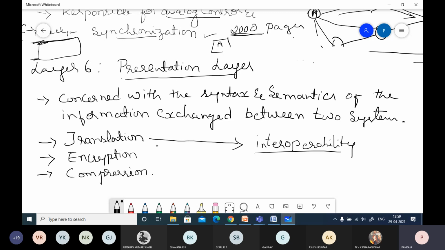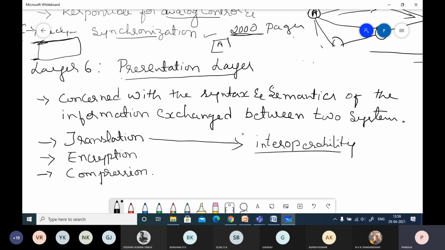It is responsible for translation of information: whatever the representation of information, in whatever format or language, it is transmitted as it is and converted at the destination, the receiver side.